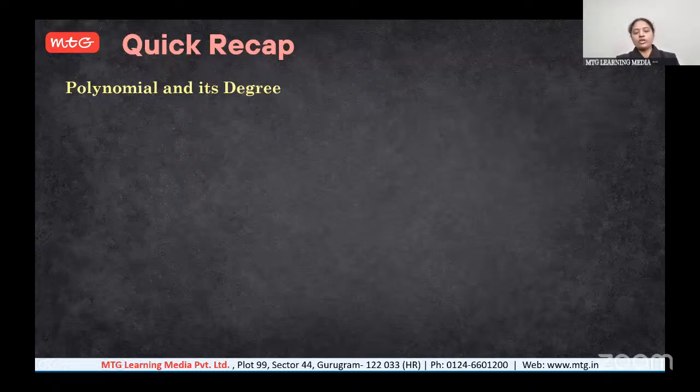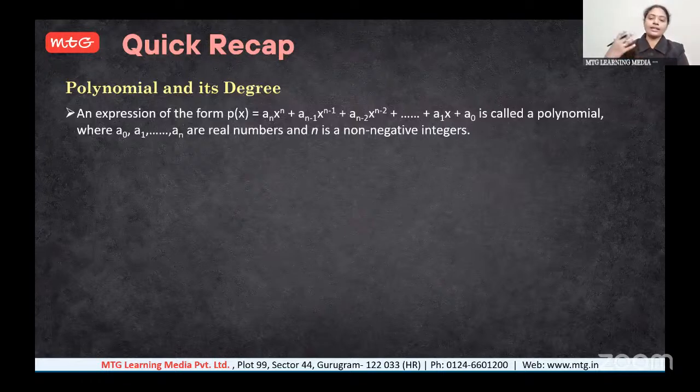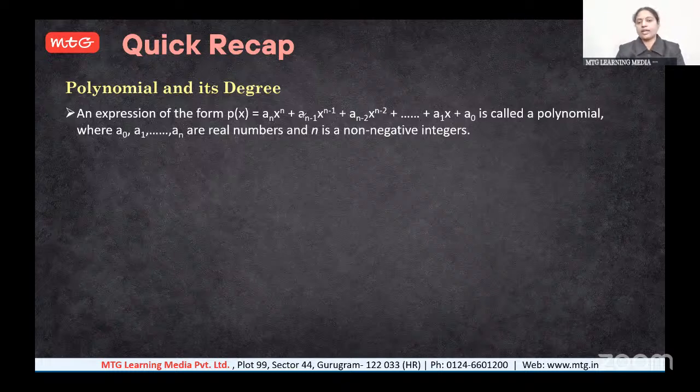Now, a polynomial is nothing but an algebraic expression, but what an algebraic expression needs to satisfy to be a polynomial is certain conditions on the power of the variables in it. When you consider an expression p of x, which is given on the screen as a_n x power n plus a_(n-1) x power (n-1), and so on till a_1 x and a_0, this is said to be a polynomial.